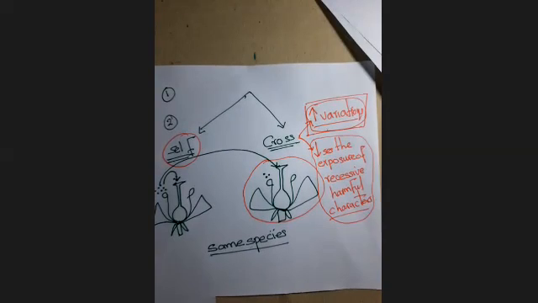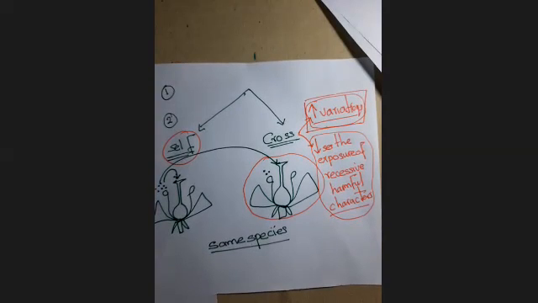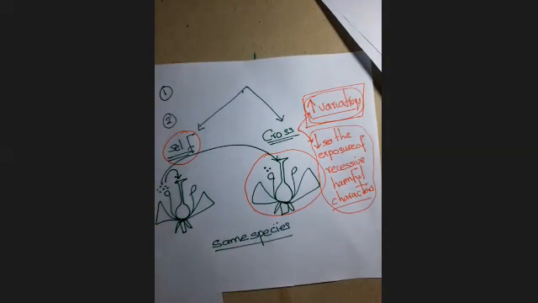Page number 148. What the note says is: cross-pollination results in cross-fertilization.